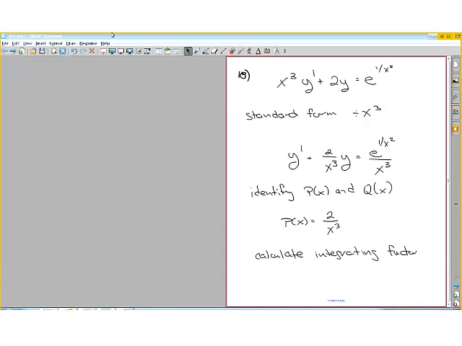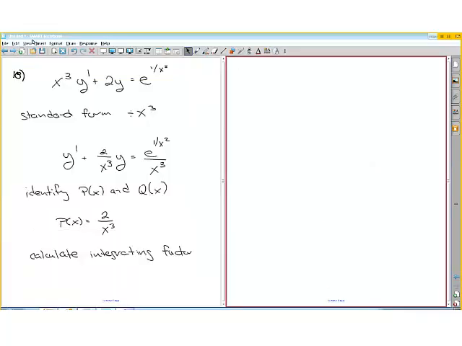Okay, so next step is to calculate the integrating factor. So, as usual, I really need to change that default. I just did that one day. Okay, u of x is equal to e to the integral of p of x dx.